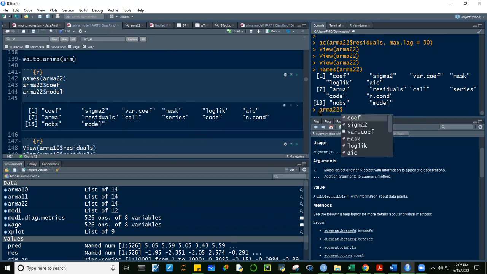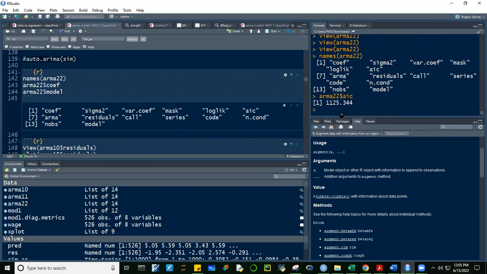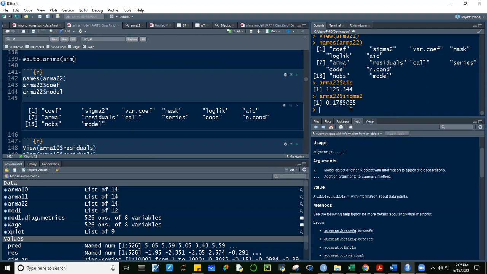We can easily access, for example, object natin ARIMA 2-2. If I want to get the AIC, for example, yan. Okay, it will give us the AIC, no? And the others also. Andiyan nakalist naman, mayroong IntelliSense ang R. Okay, ano yung sigma squared na yan? So this is the standard variance, no?